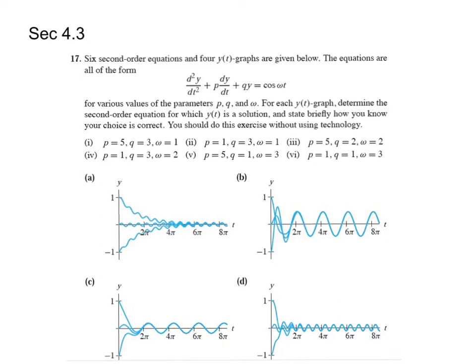So as we look at the four graphs, here they are, the one thing that we can observe fairly easily is that graphs 2 and 3, B and C, both have period of 2 pi, I'm sorry, because we see that we have exactly one cycle, roughly in a 2 pi period, so we're going through one cycle.